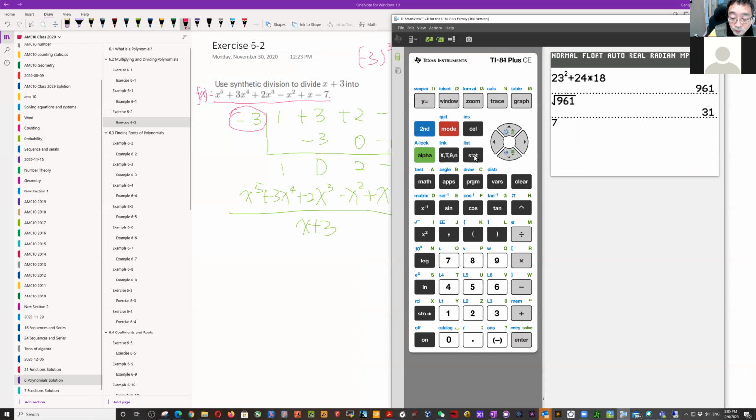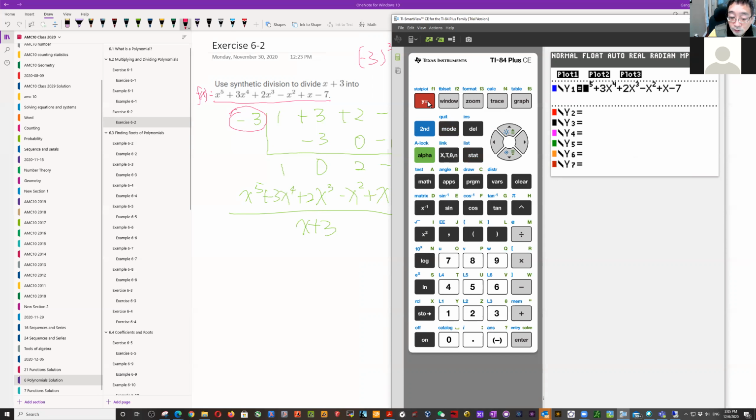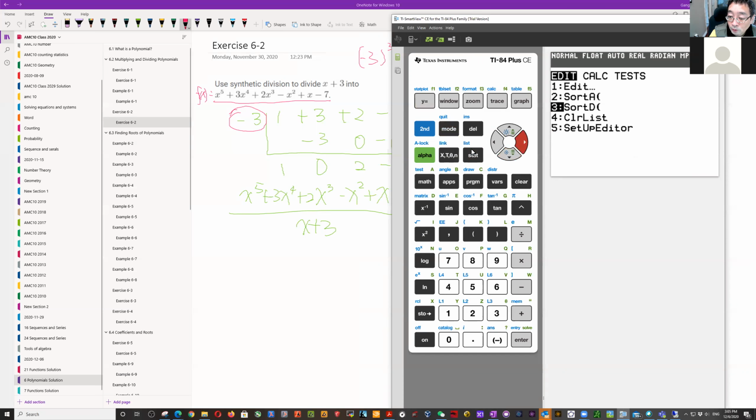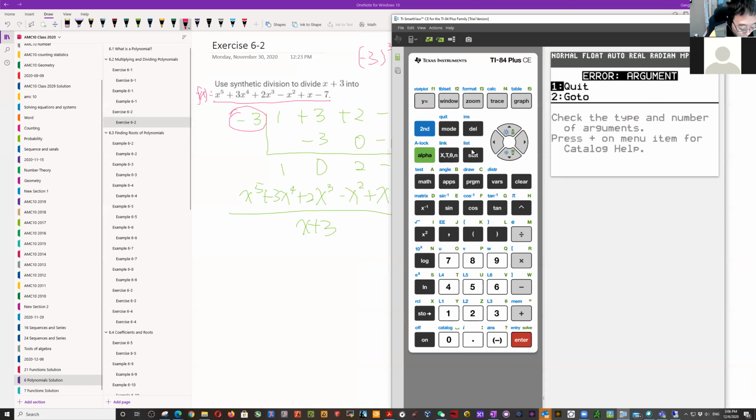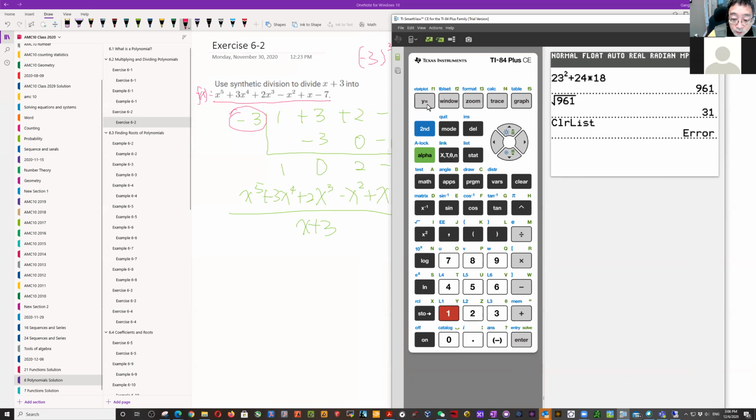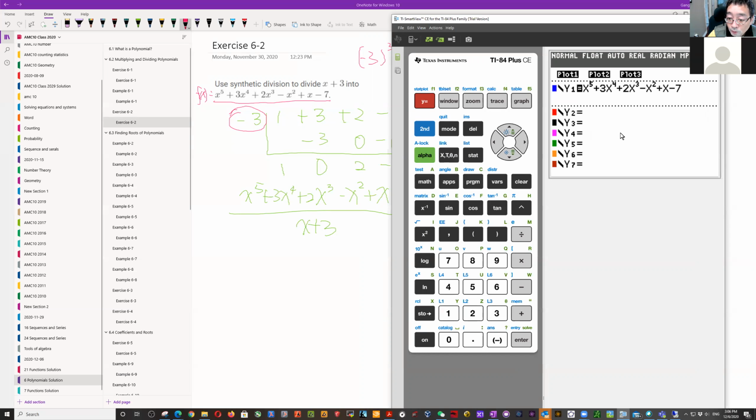Second quit, and stats. The stats plot is on.